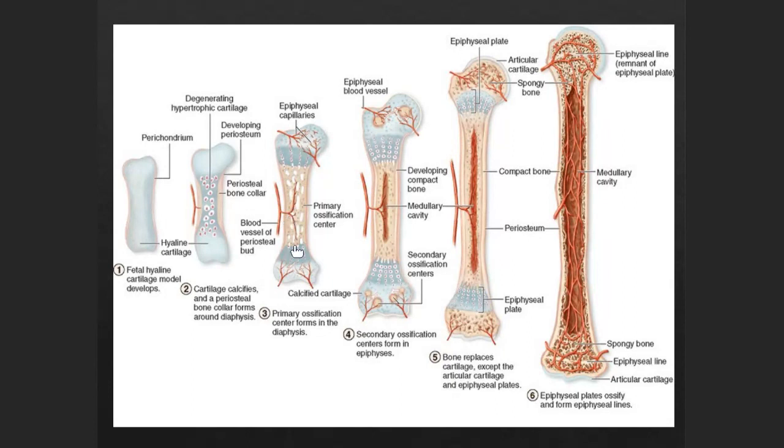This is your primary ossification center. Ossification means the first bone will form inside this structure. Why inside this structure? Because it has marrow, and inside the marrow there is space for the blood to flow, and for the growth of any organ blood is very necessary because it carries oxygen also.